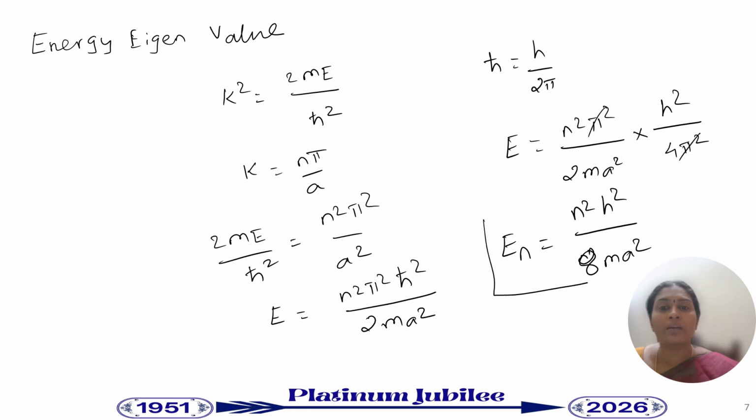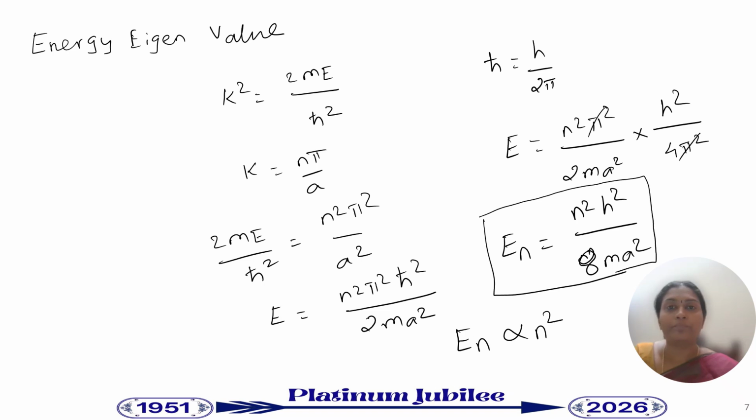From this equation it is very clear that the energy eigenvalue is directly proportional to n square, where h is Planck's constant, a is the length of the box, and m is the mass of the particle confined in this box. So the only variable in this energy eigenvalue is n.